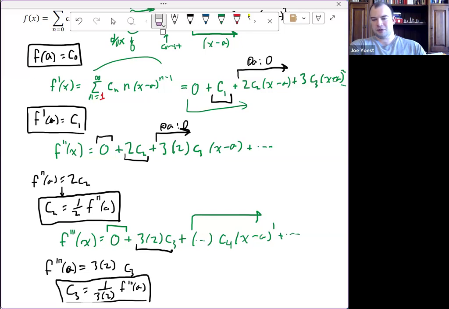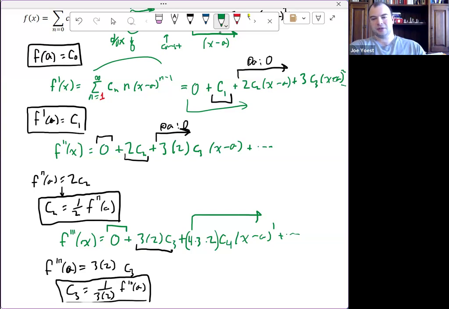I might note, if I'm a little more careful with my constants in front of C4 here, C4 would have originally been attached to x minus a to the fourth. We differentiated once and the 4 came down, left a 3 in the power. Differentiated again, the 3 came down, left a 2 in the power, and then the 2 came down, left a 1 in the power here.